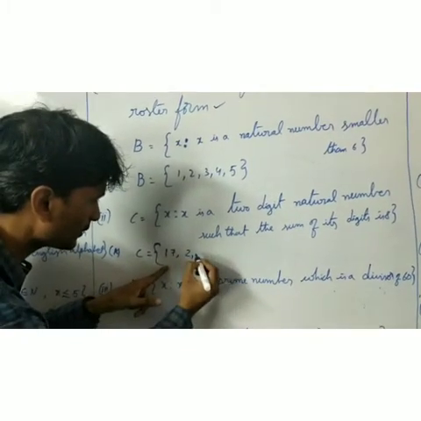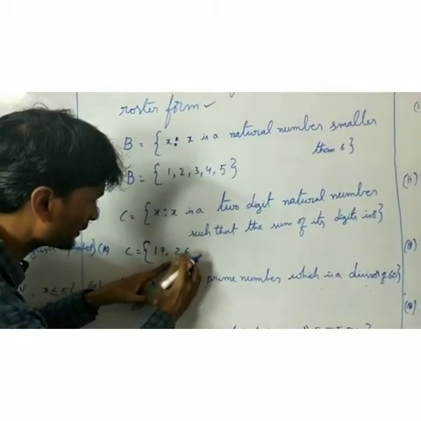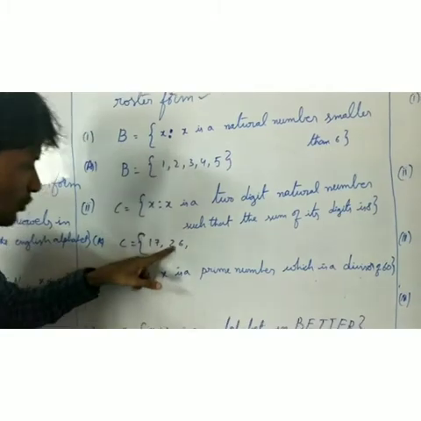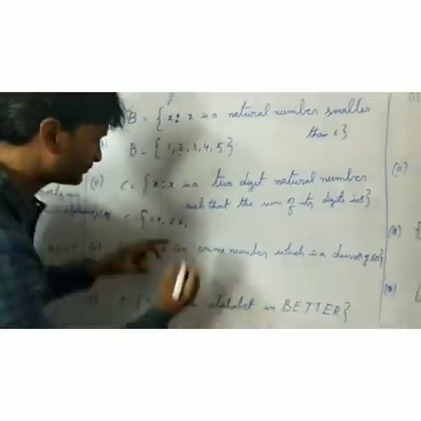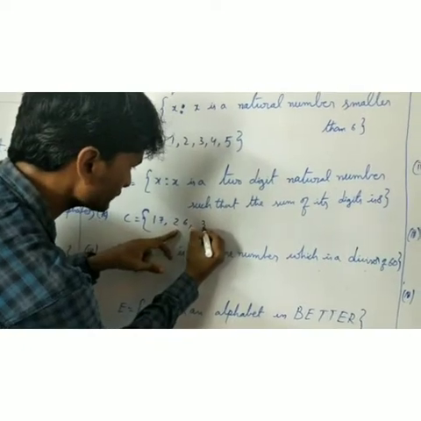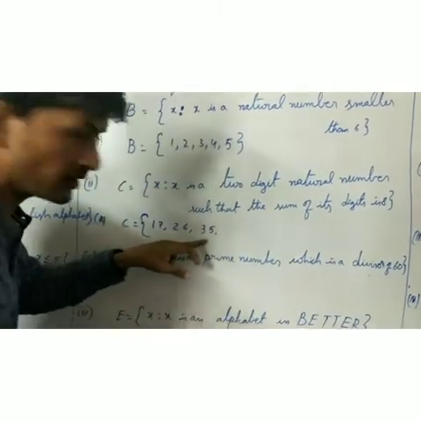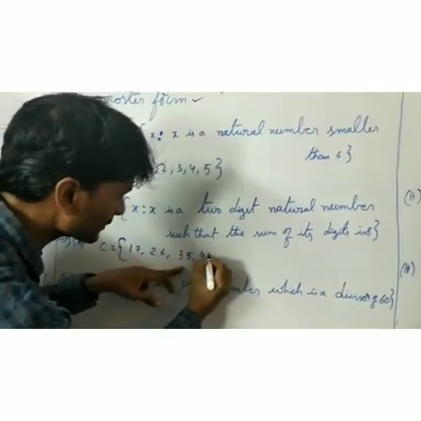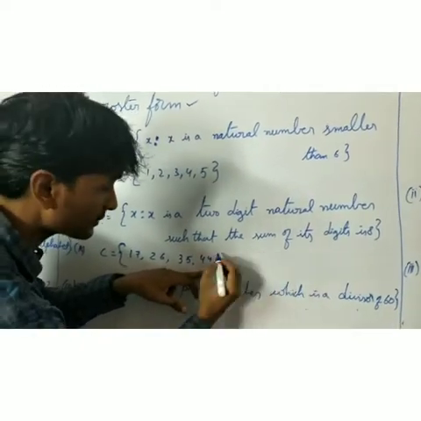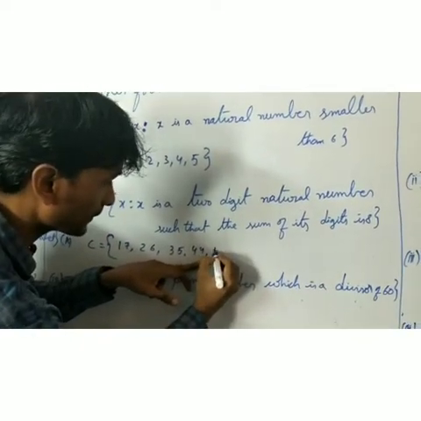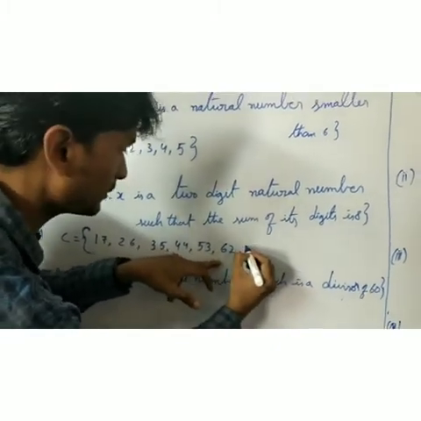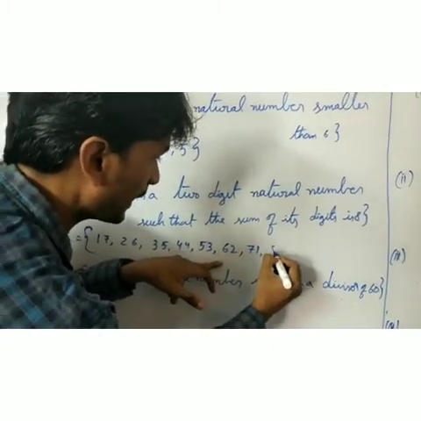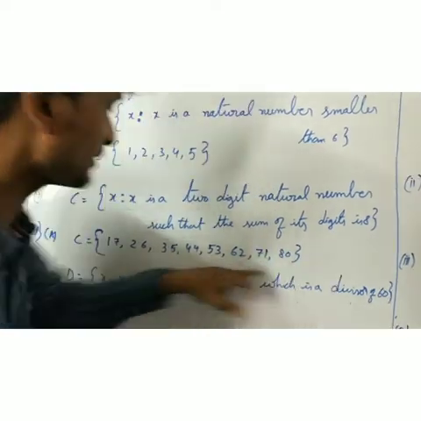Next, 26, a 2-digit number, 2 plus 6, 8. Next, 35. Next, 44. Next, 53. Next, 62. Next, 71 and 80, because they are 2-digit numbers.